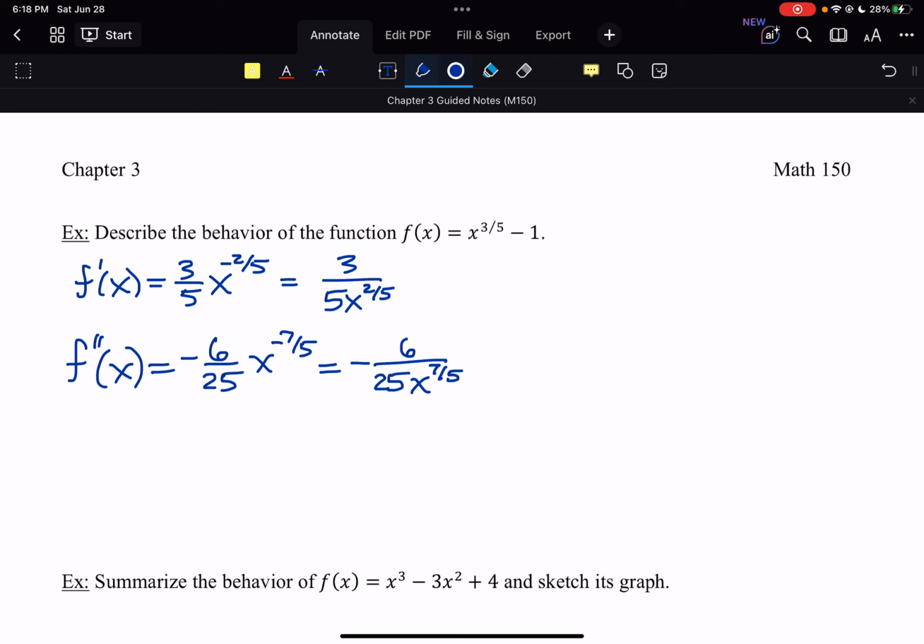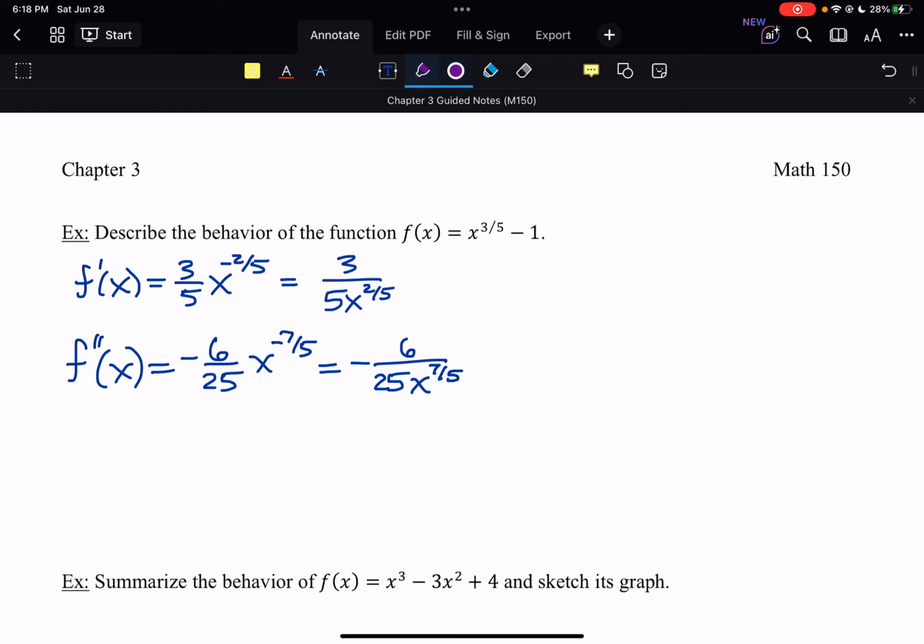In our search for critical values or hypercritical values, we would try to see where these functions are equal to 0, but there's no way that either of these would be equal to 0, because if you multiplied this across, it would turn into a 0, and then you would have 3 equals 0, which is not true.